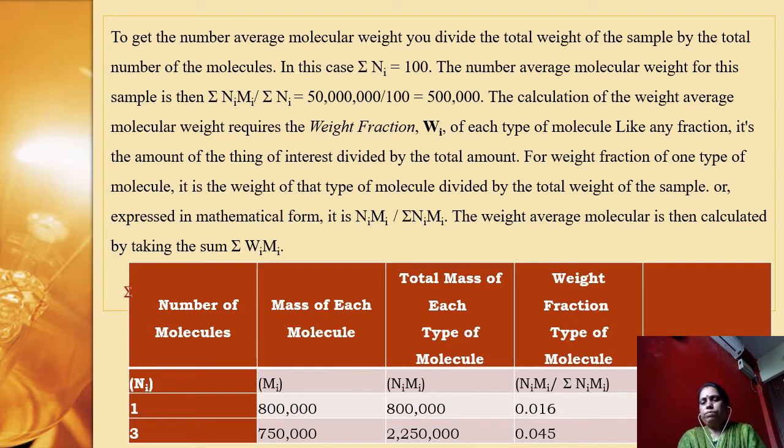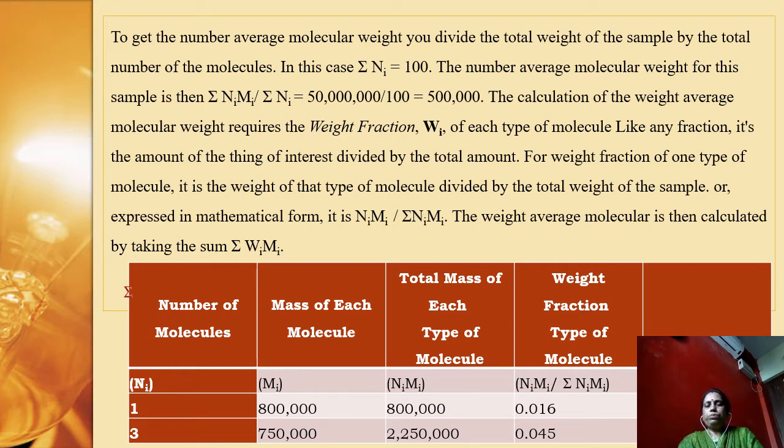For the weight fraction of one type of molecule, it is the weight of that type of molecule divided by the total weight of the sample, or mathematically it is represented as Ni into Mi divided by the summation of Ni into Mi. So the average molecular mass is then calculated by taking the summation of Wi into Mi.